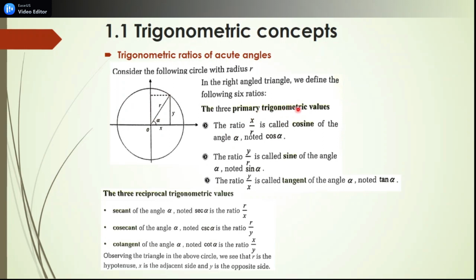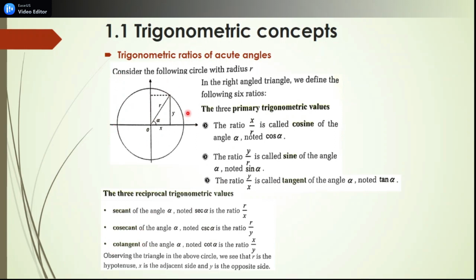The primary ratios or trigonometric values are cosine, sine and tangent. The first one is cosine, second one is sine, third one is tangent. But the second, reciprocal trigonometric values are the secant, cosecant and cotangent.